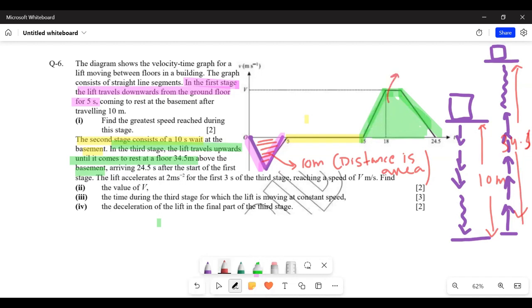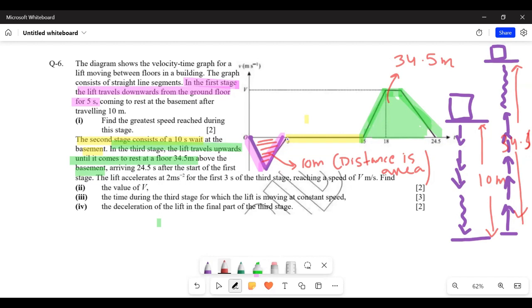So this is 34.5 meters. Arriving 24.5 seconds after the start of the third stage, we can see that here.